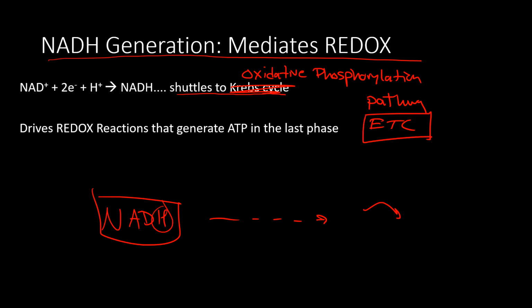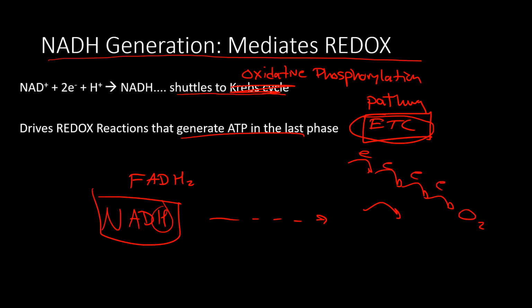NADH and FADH2 both together drive these redox reactions that generate ATP in that last phase. When I say redox reactions, the electron transport chain is basically a series of redox reactions where the electrons are flowing downhill and oxygen's waiting at the bottom to receive them to make water with some protons in there.